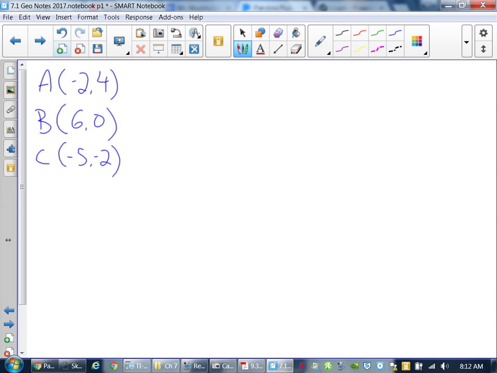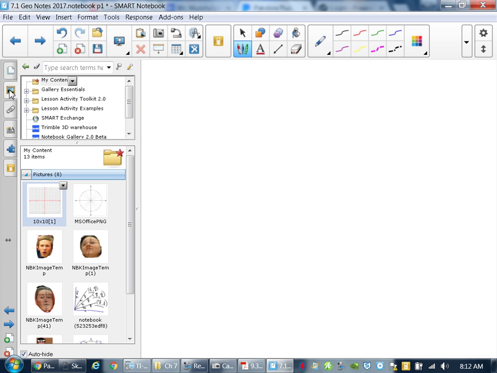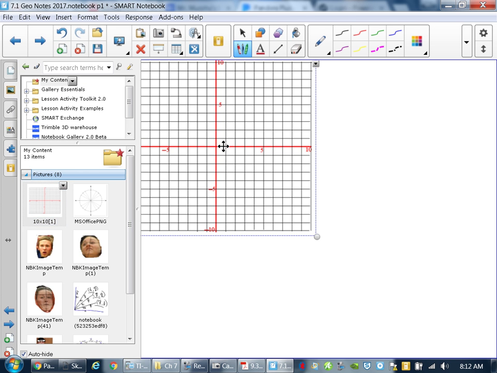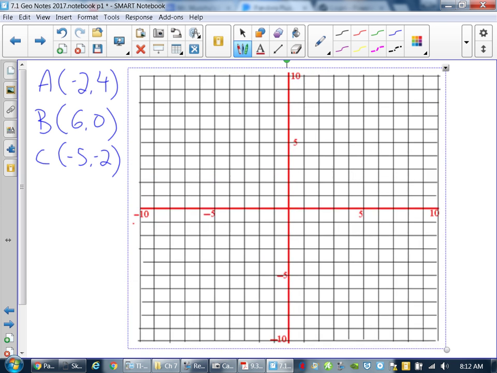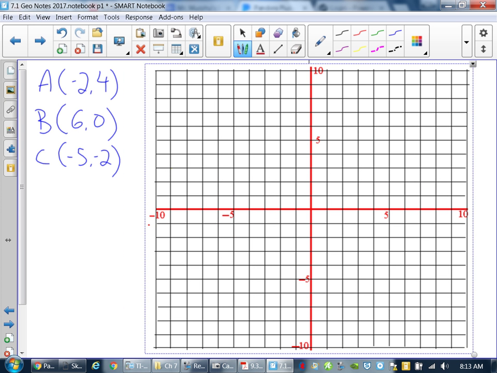Let's do these 3 ordered pairs again. We have -2 and 4, 6 and 0, and -5 and -2. We start by plotting them.